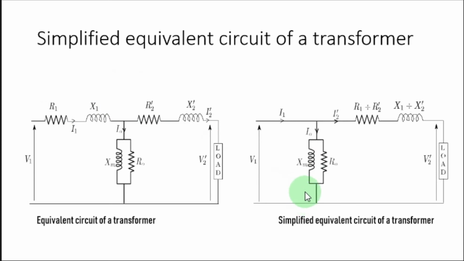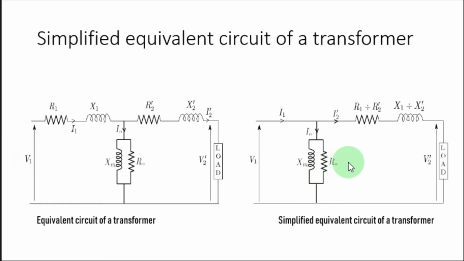This is adding some error, but still for practical calculations that is not a very big error, because the main reason is that XM and R naught are very high impedances, so this I naught current is very small, so I1 will not change very much if you shift it to the initial point here.